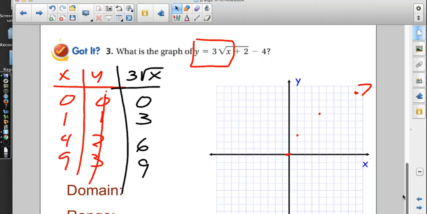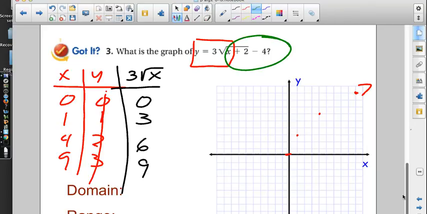So then the next piece is, where are we going with it? 2 left and 4 down. It's just counting from here. That's all it is. 2 left and 4 down.